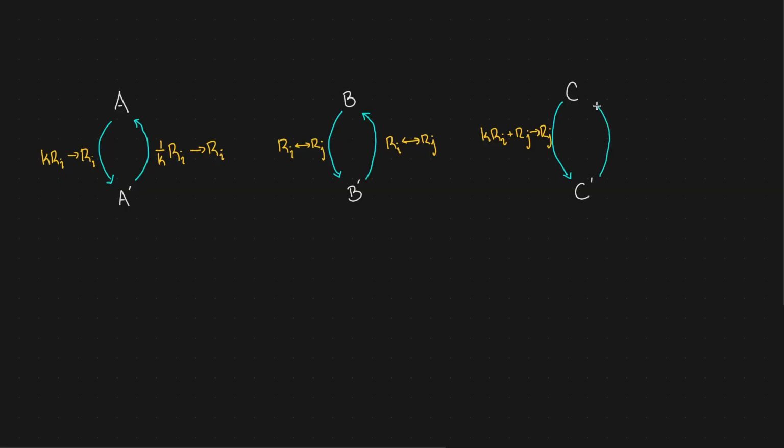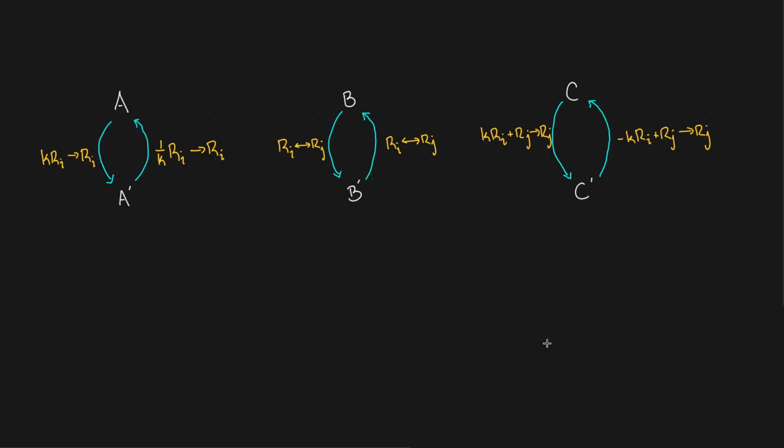I can go back to C by just subtracting off what I added. So negative k times row i plus row j goes to row j. Okay? So in each case, every elementary row operation can be undone, can be inverted.